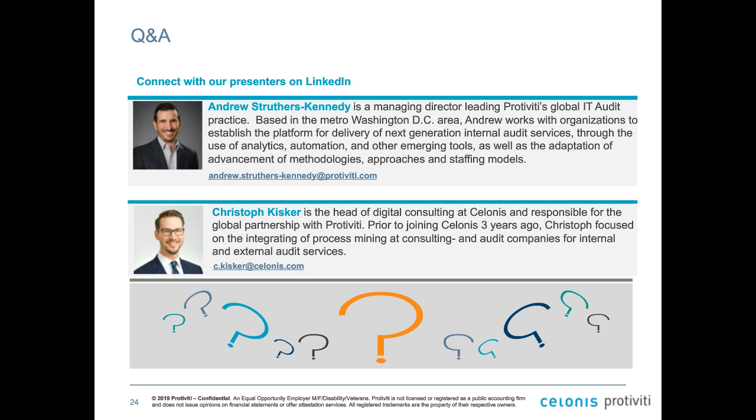As I do that, there's a couple of questions that have come up that I think are along the lines of the same theme, and it's really asking about the intersect between tools like RPA, which has been heavily featured the last period of time, and analytics solutions like Celonis.